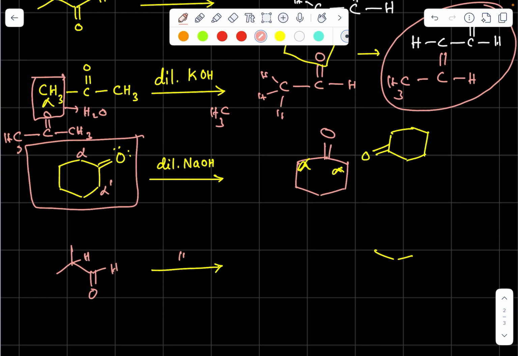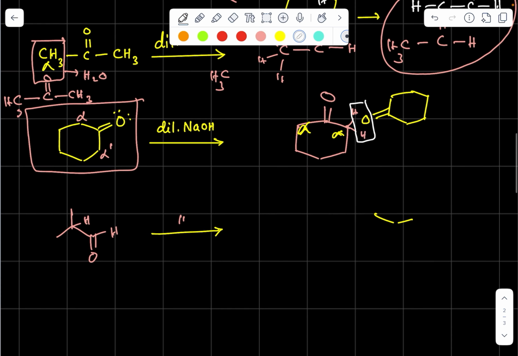Now you need to remove the water molecule here. What is that product? I will get the alpha beta unsaturated product like this. This is the alpha portion, this is the beta portion.